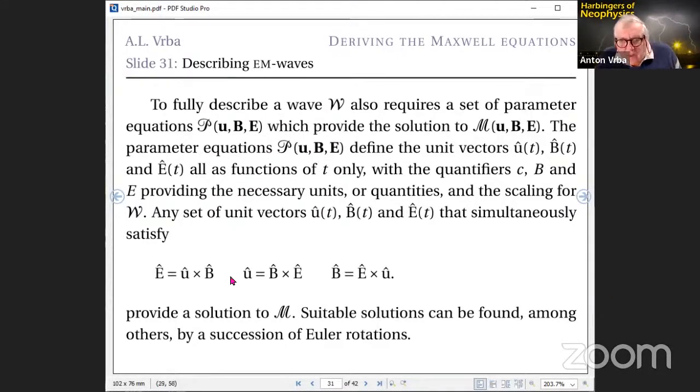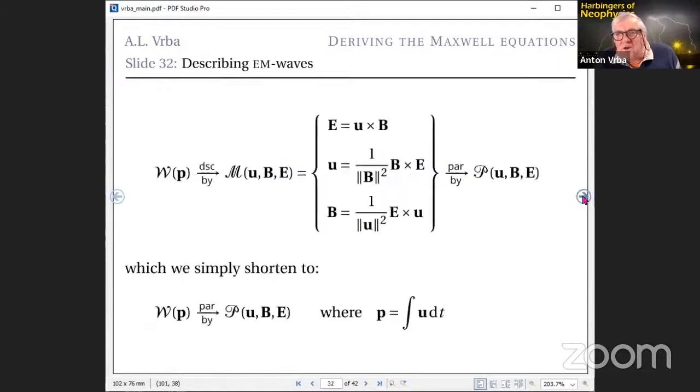So we basically need to define these unit vectors, which we're repeating here again from what we've done earlier. On the slide, I say that the wave is described by m, which is parameterized by p.